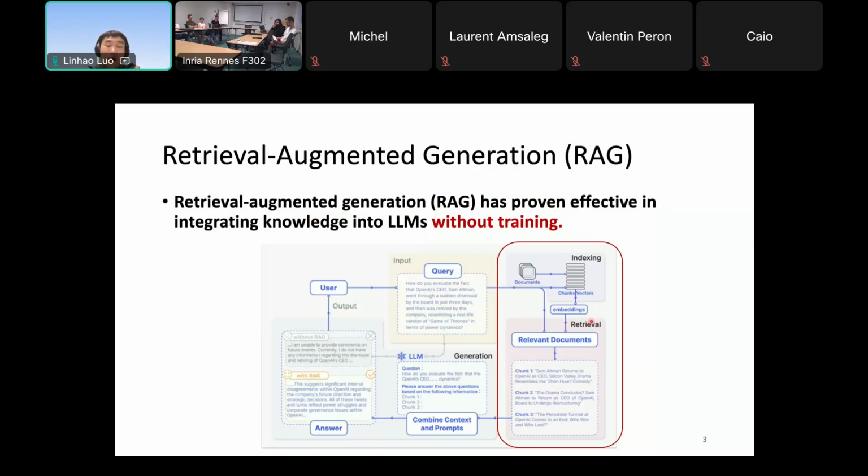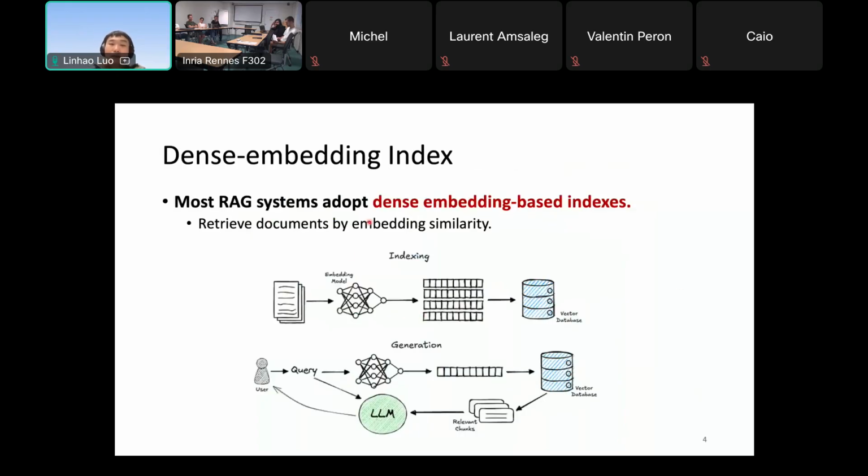In the retrieval part, we use the same embedding model to generate the representation of the query, then calculate the cosine similarity with the index we built. Most existing RAG systems adopt this dense embedding based index and retrieve documents by calculating embedding similarities. For example, we use the embedding model to generate embeddings of documents and store them in a vector database. Then for a user's query, we calculate the similarity, retrieve the relevant documents, and give them to the LLM to do the generation.